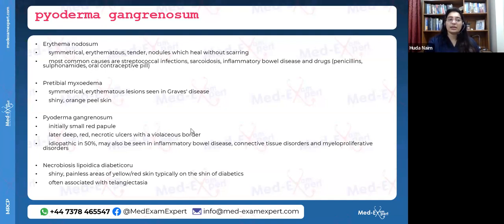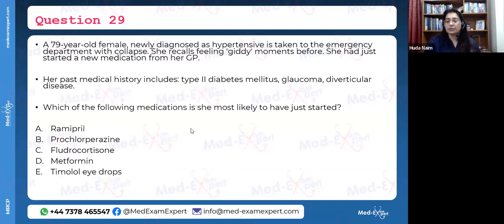Then you see pretibial myxedema with Graves' disease, pyoderma gangrenosum, and necrobiosis lipoidica diabeticorum in diabetics. So it's very important that you know the different lesions seen on the shin. That really is asked on the exam every time.